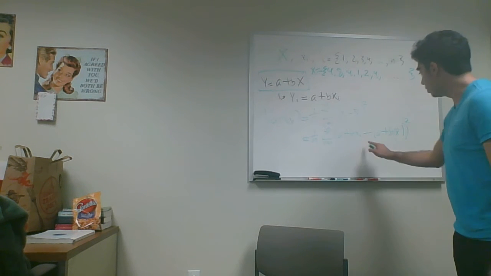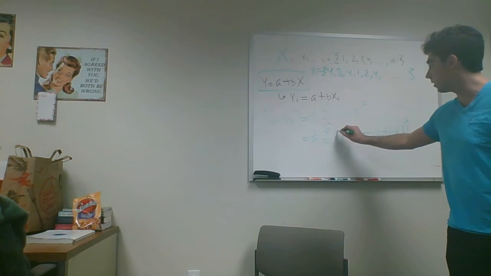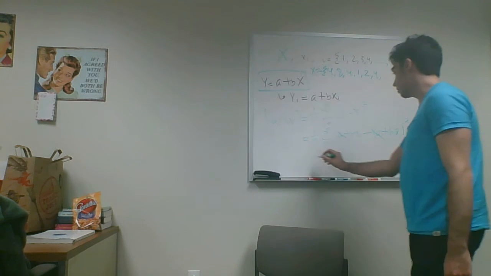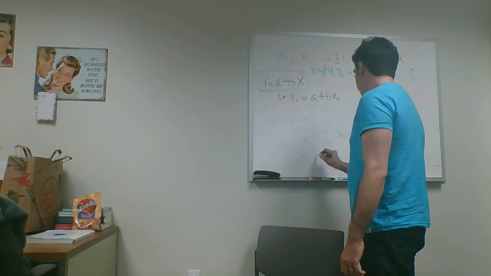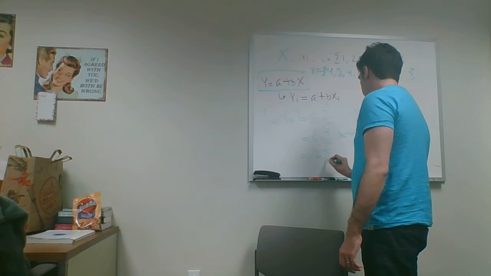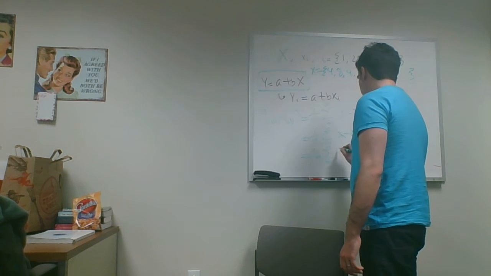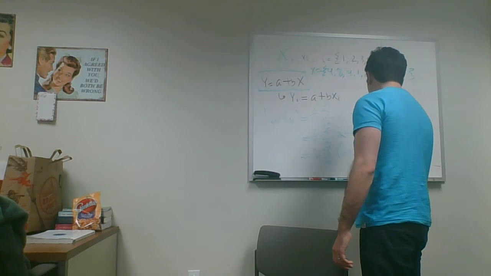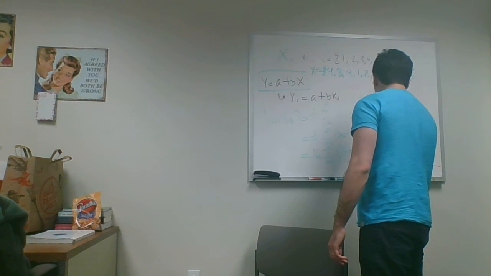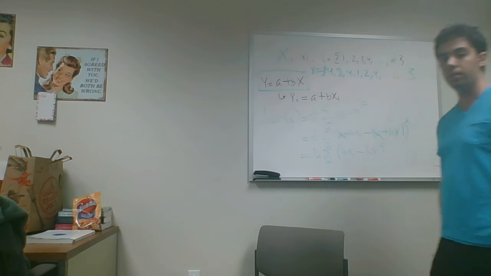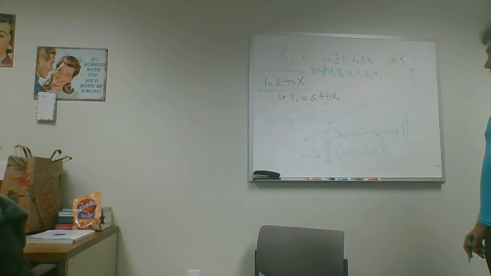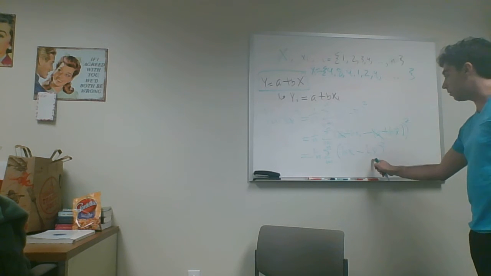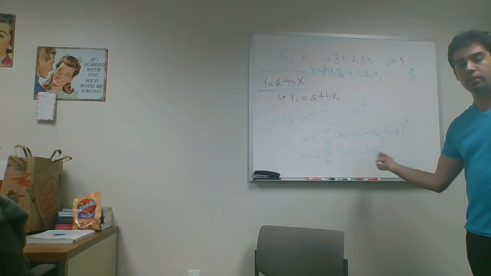If you notice, we distributed this negative sign, the a's cancel out. And this is going to become 1 over n summation i equals 1 to n of b xi minus b x bar squared. So you can pull out this b, you can factor out the b.